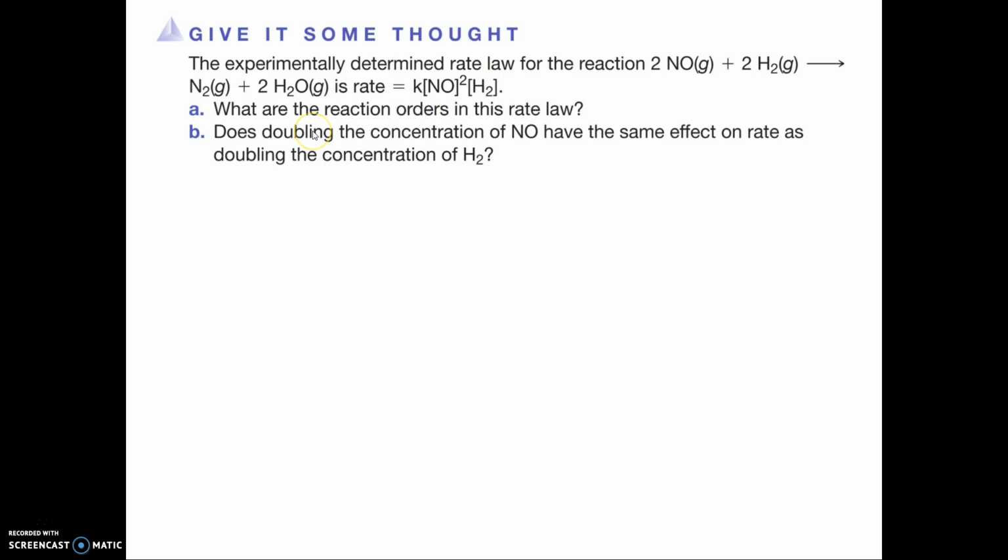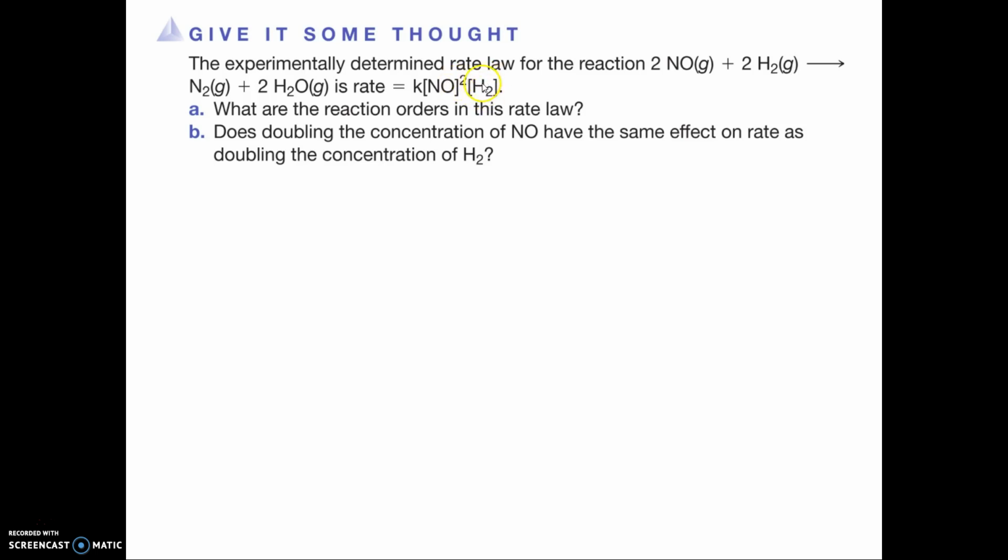So does doubling the concentration of NO have the same effect as doubling the concentration of H2? No, it does not. If you take NO into effect, let's say the normal concentration would be X amount, and then you put in 2X. 2X to the second makes 4X. If you double the concentration, it will actually quadruple the rate of the reaction.